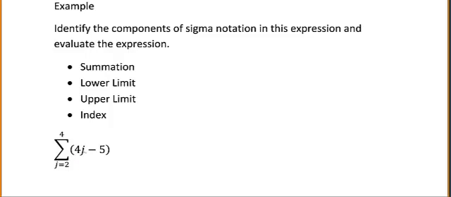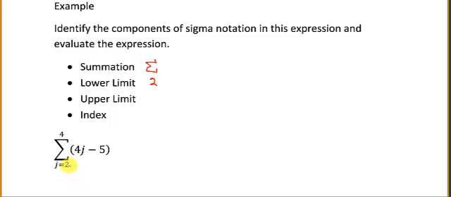This is an example of summation notation, and there's a few things that we want you to keep in mind. The summation sign is this letter. This is the capital sigma in the Greek alphabet. In this summation, the lower limit of the sum is 2.